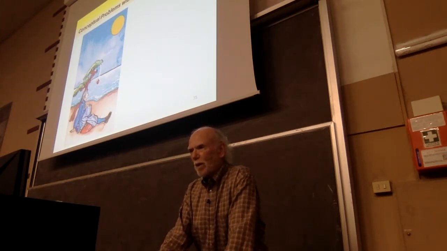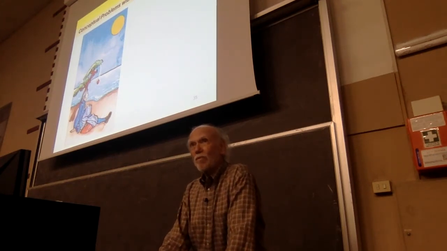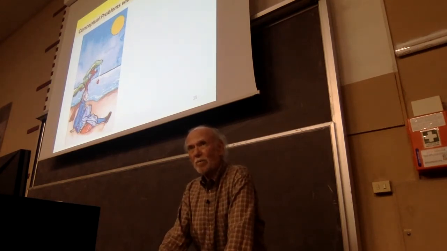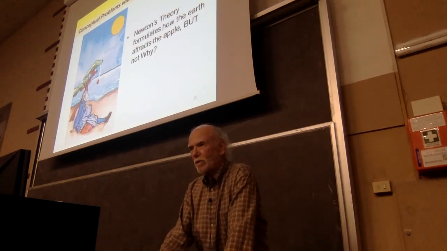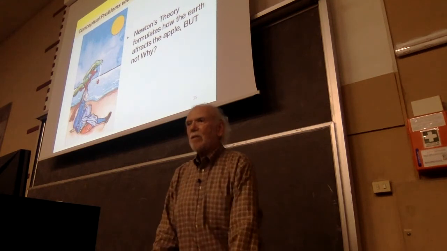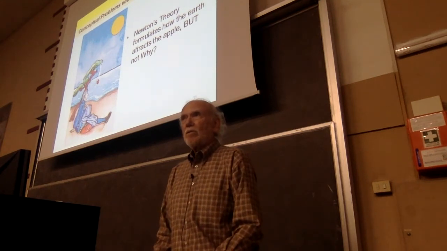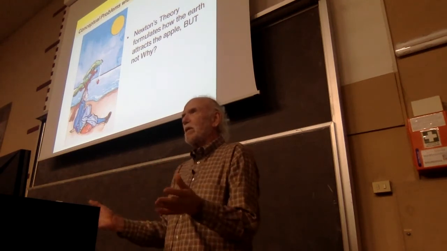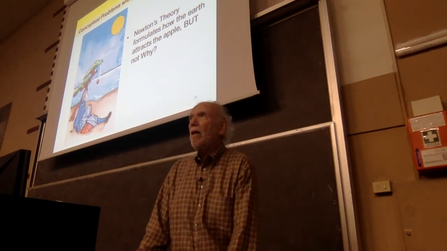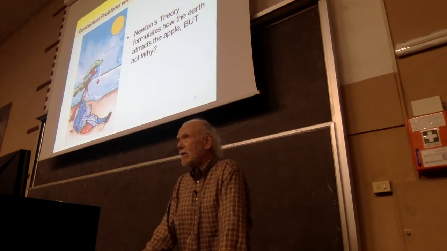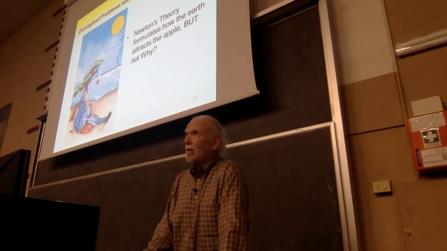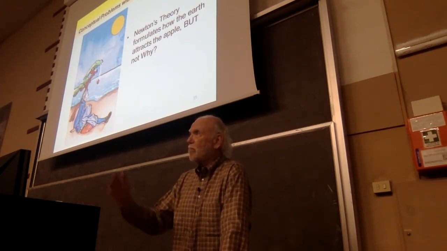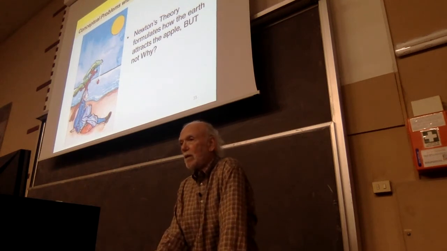So the conceptual problem of the apple falling out of the tree, and why it falls, is something that Newton didn't describe. So that's the way we think of a theory as being incomplete. It didn't describe something. And we'll see that in Einstein's case, he does describe why. So that already is a step beyond a theory that already existed.